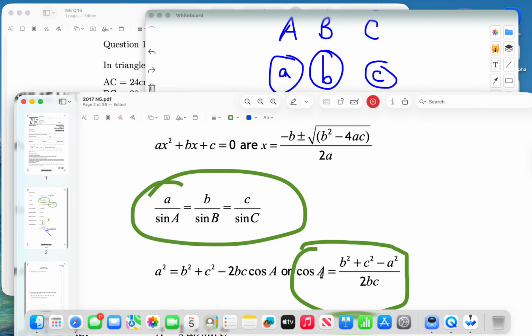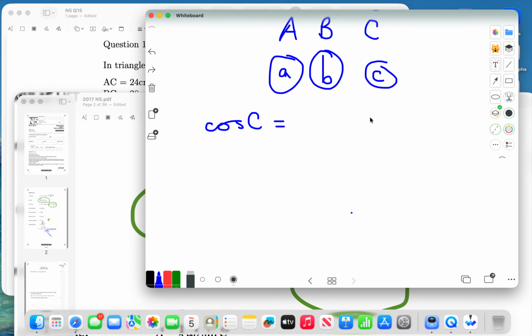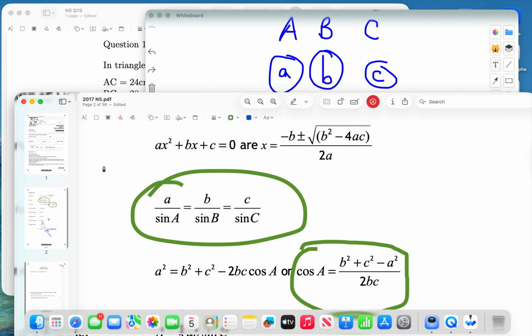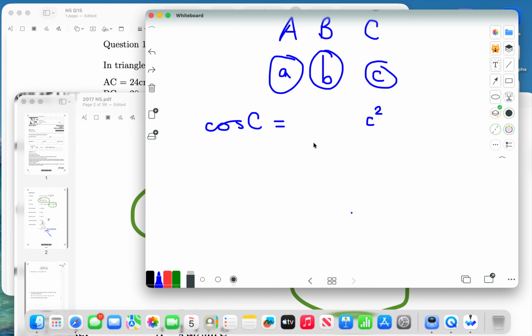So we want to write C in place of A, so we put the lowercase c. And you notice on the denominator we have the opposite letters to the A. So we put A and B on the bottom, so 2AB.